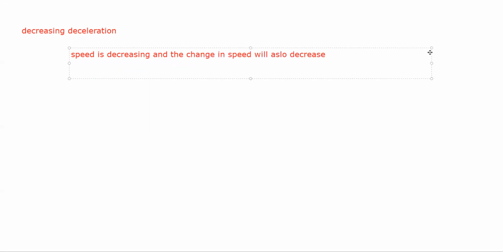So speed decreases and the change in speed will also decrease. We call that decreasing deceleration.